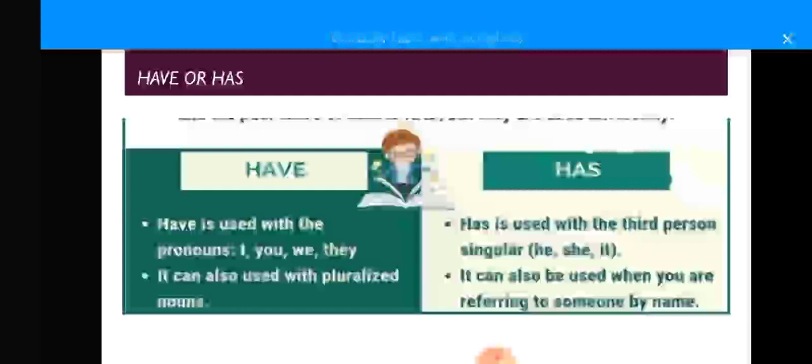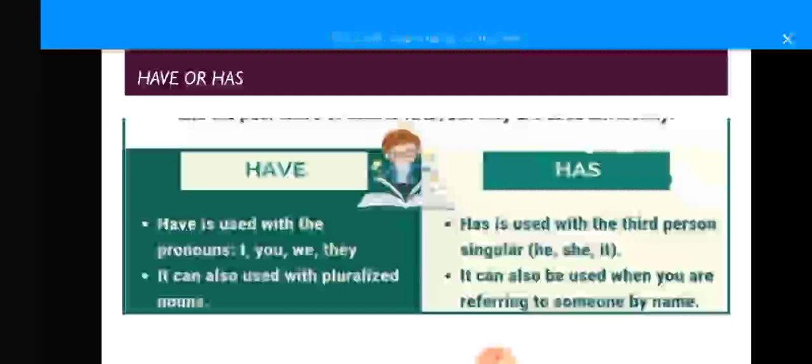So we can use have with you, we, they or I. But what about has? Has is used with the third person singular. Has can only be used with the singular person, that's it, or the third person. If we're talking about someone who is not present there, the third person, then we will use has.